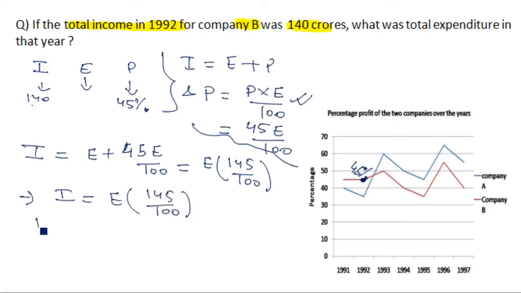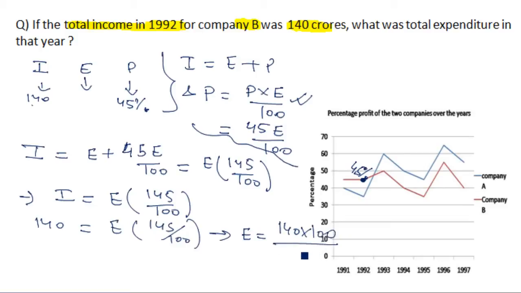I is 140, E we don't know, 145 by 100. So from here E becomes 140 into 100 divided by 145. On calculating we will get 96.5 crore, right?